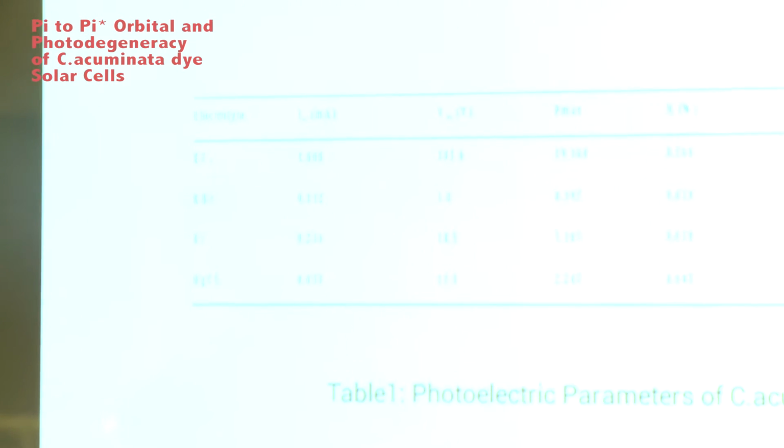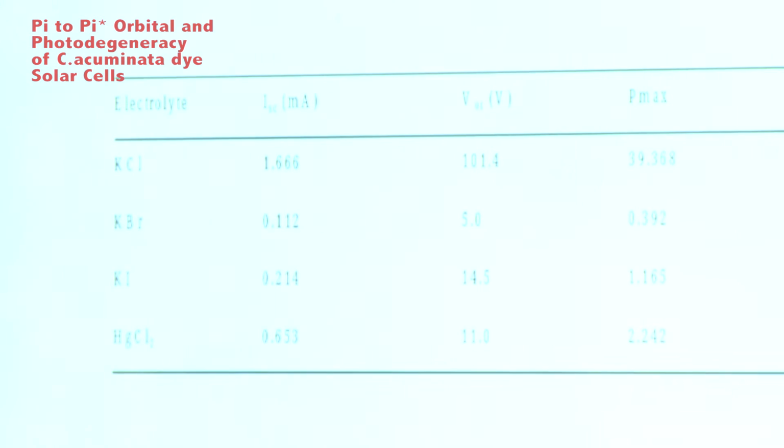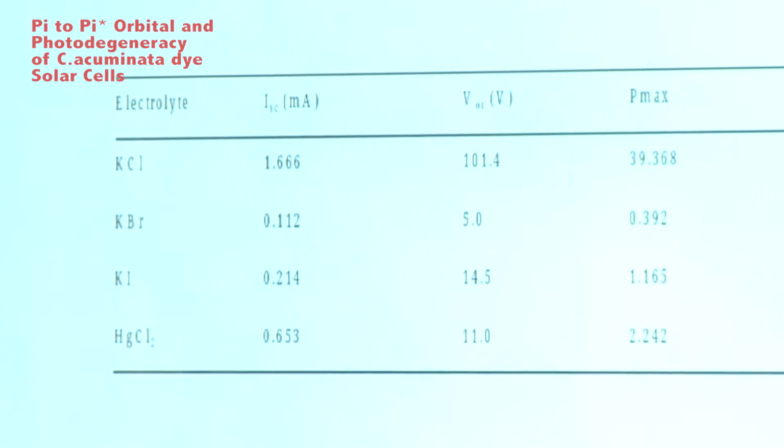The best result was produced by potassium chloride. The short circuit current obtained was 1.666, approximately 1.7 milliamperes. For the open circuit voltage, the best was also given by potassium chloride. The value was 101.4 volts.